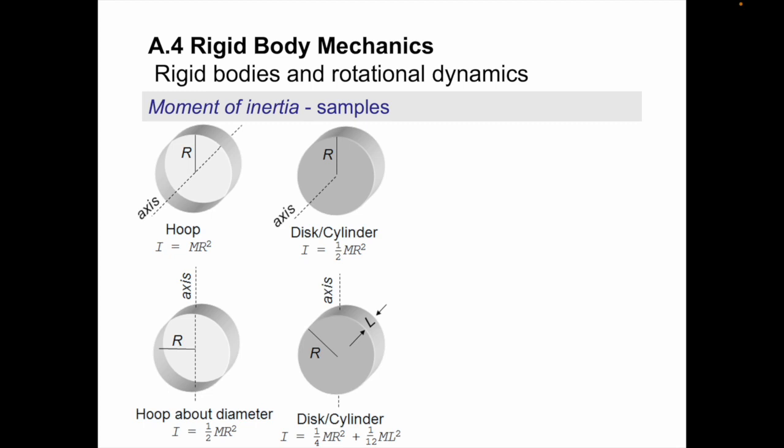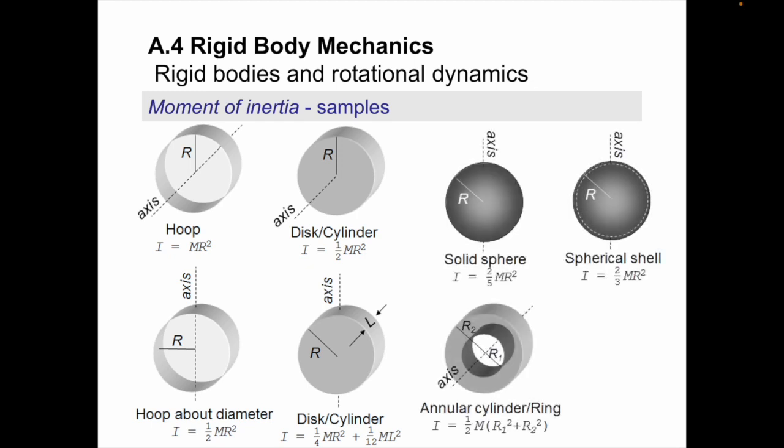When we look at some moment of inertia samples here, what we want to look at is how things rotate about their center and what formulae go along with them in order to calculate them. So one of the things we can see here is our moment of inertia is our mass times our radius squared, which is what we were just working with.